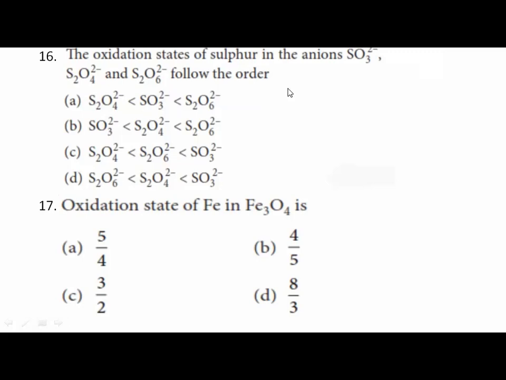Do it and tell me. So we can do it here. So what are the compounds given? They have said SO3, all are ions. SO3 minus 2. Then the second ion is S2O4 minus 2. Then the third ion is S2O6 minus 2. Okay. So solve it out.